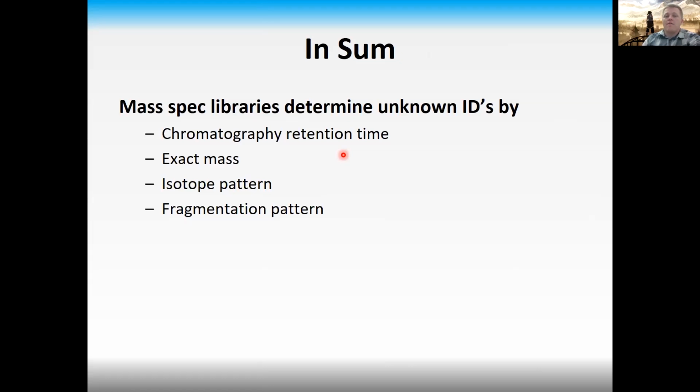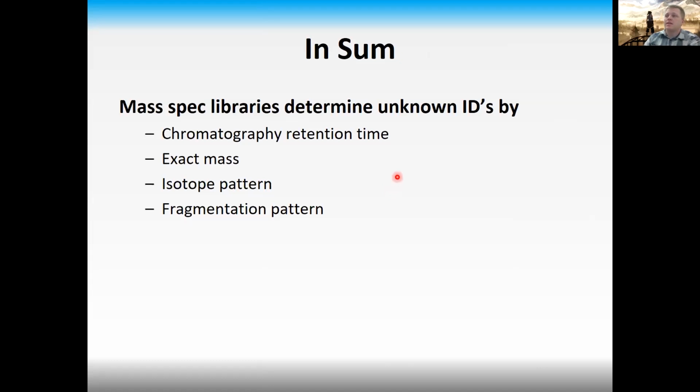And so vast numbers of small molecules have been identified and run through these mass spectrometers using electron impact ionization and other ionization sources as well. And so you're able to actually identify a lot of things with this really simple experiment using mass spec coupled with LC.